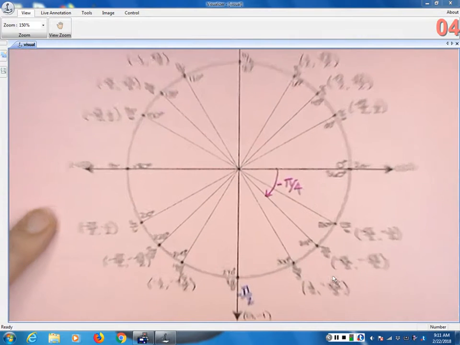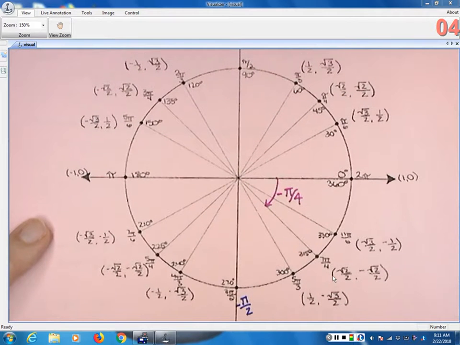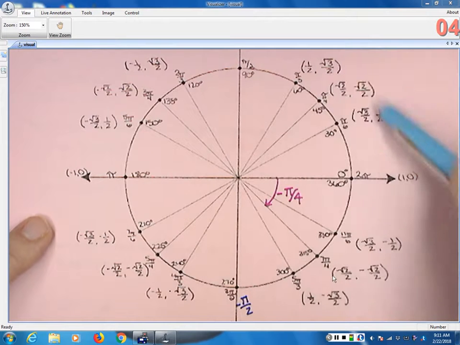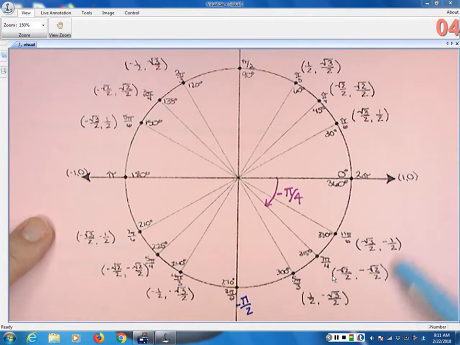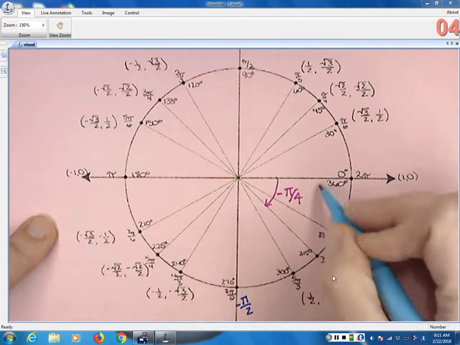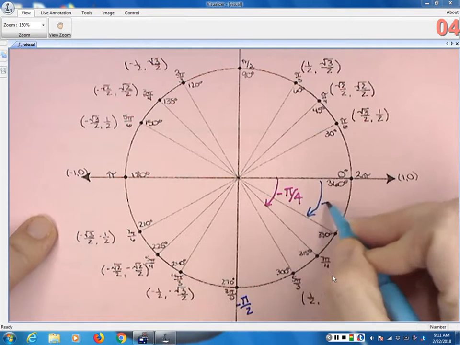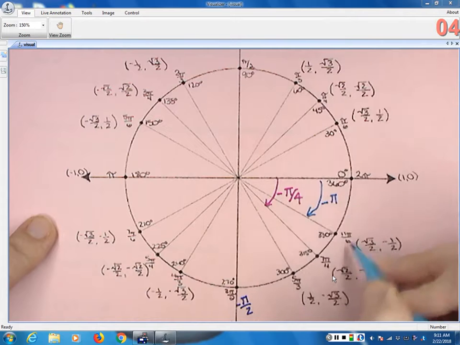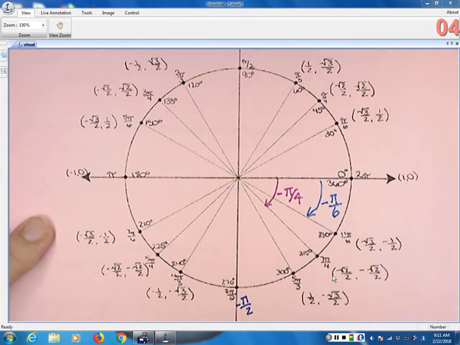You need to know that sine is your y-coordinate. So look where the y-coordinate on your unit circle is -1/2, right there. So this angle here is -pi/6. So the answer is -pi/6.